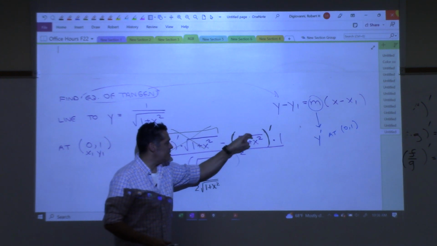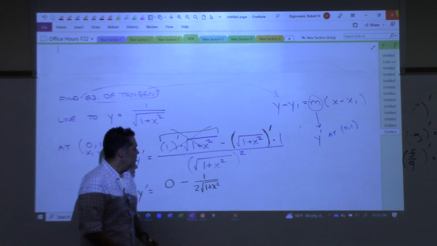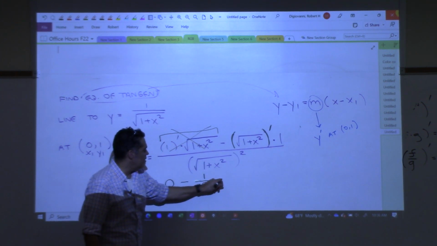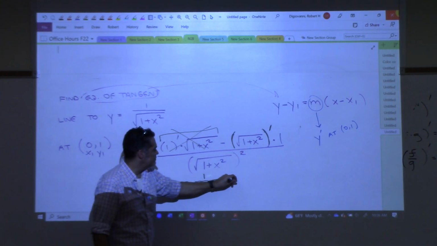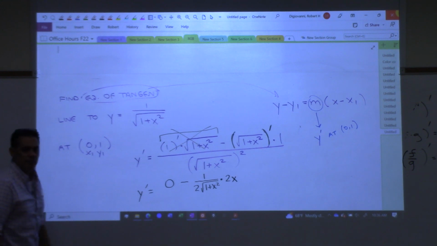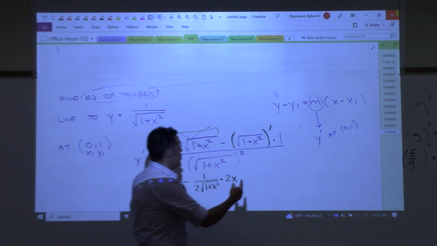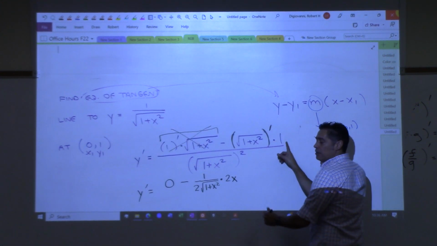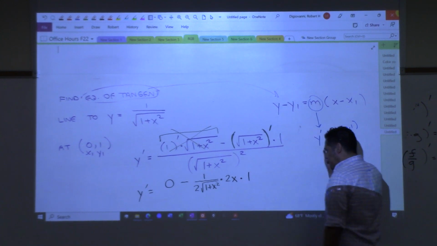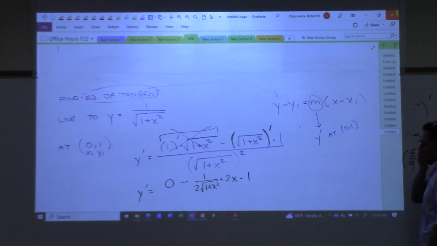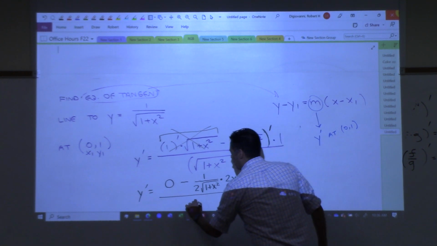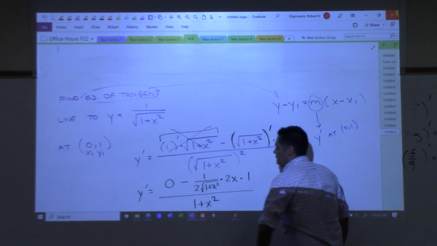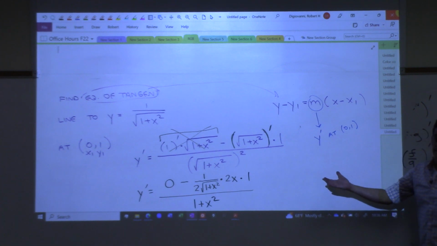Now you need to go inside and take the derivative of 1 plus x squared, which is 2x. You have to finish up the quotient rule, which had a times 1 out here, and then all over 1 plus x squared.